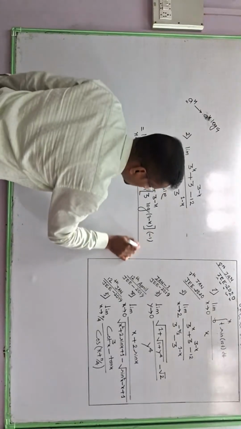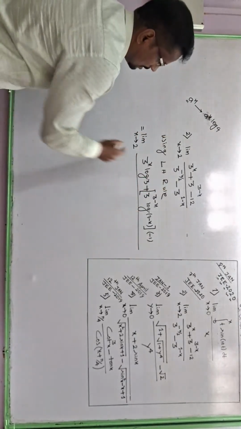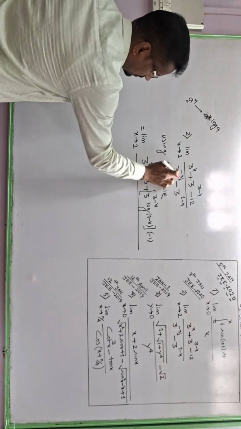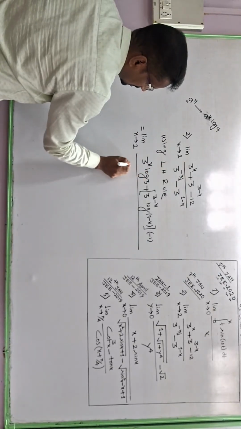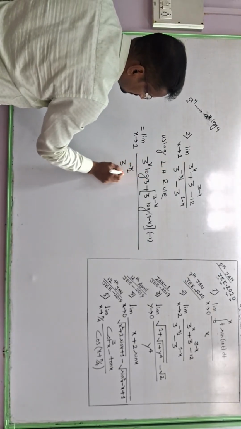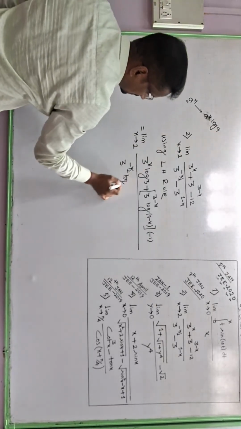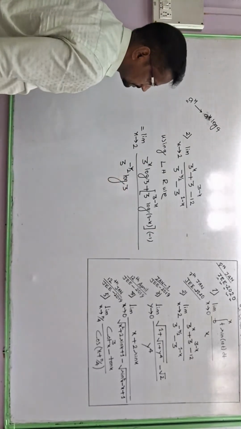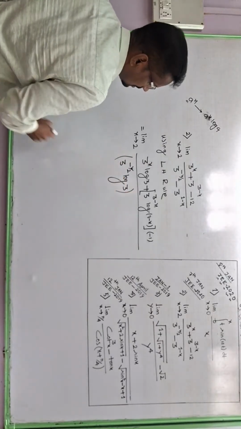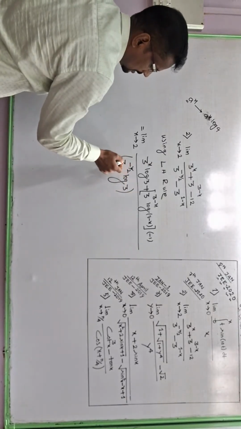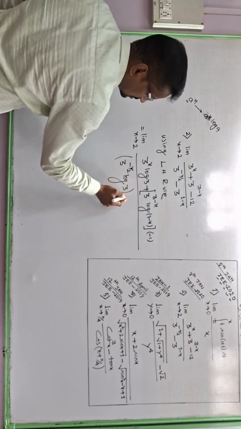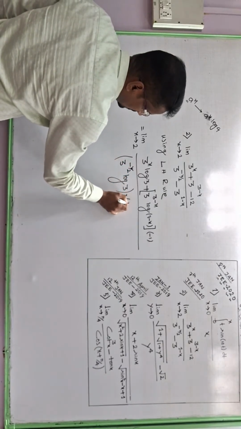Whole thing divided by, here in a to the power x format, 3 to the power negative x by 2 log of a. A is your 3, log of 3. Now again, here 3 exponent minus x by 2, so we have to differentiate, that will be negative 1 by 2.